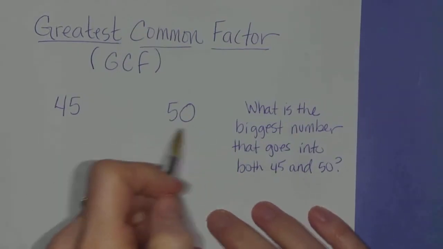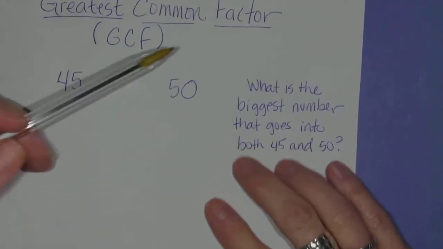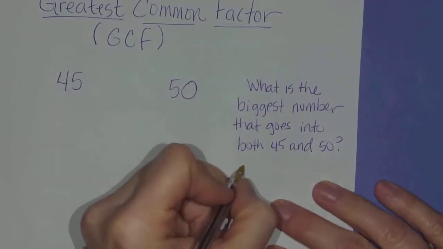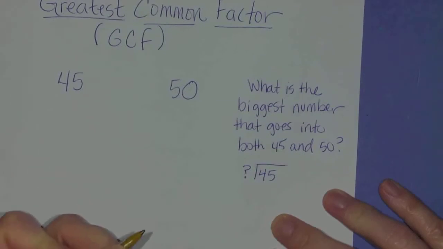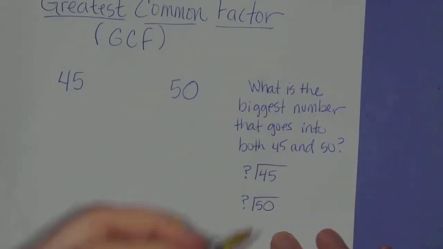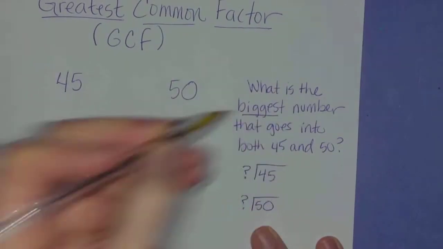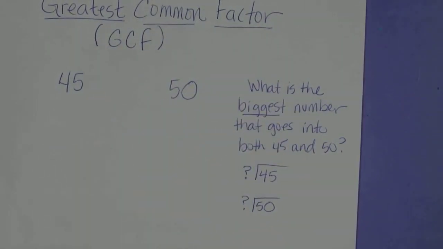A lot of people can just do that. Like, oh, 45 and 50. Okay, what's the biggest number that divides into both of these? In other words, what number divides into both 45 and 50? And if there's more than one, you want the biggest. So I can just look at that and know that it's 5.